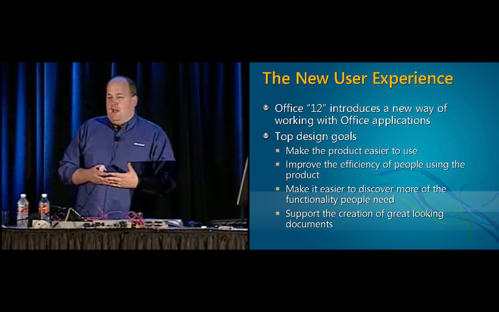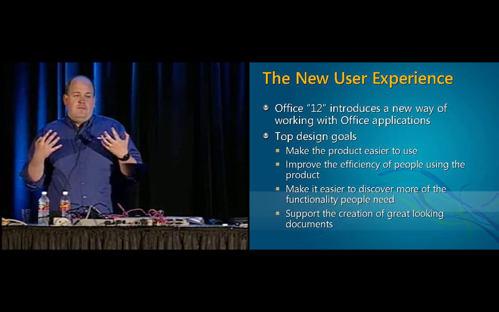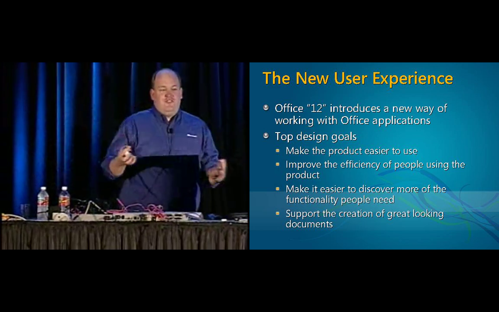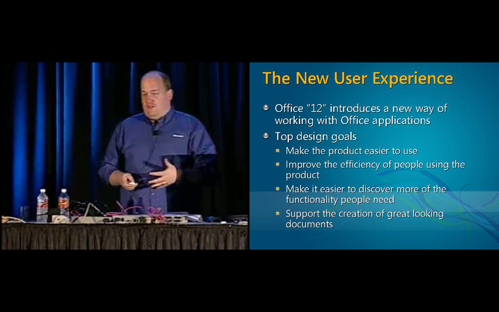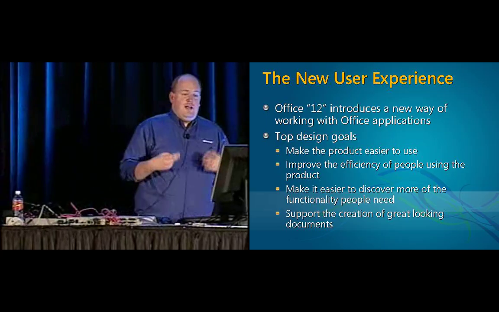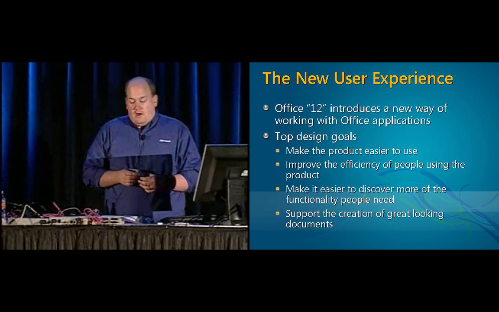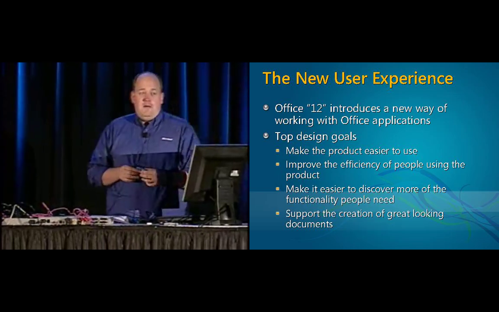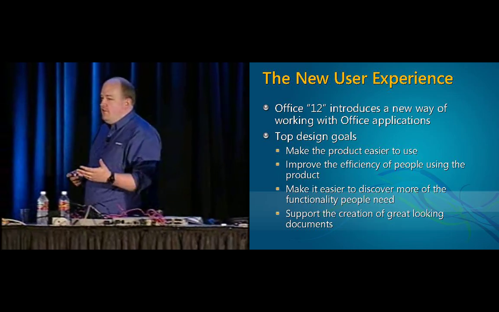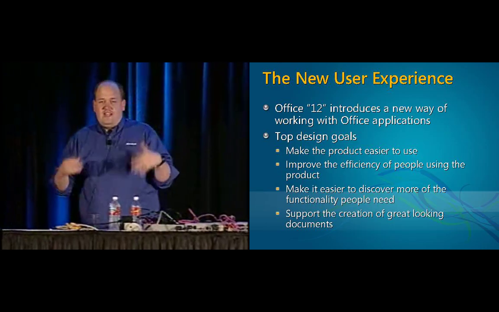And one of the ways that people perceive end user easiness is through efficiency. Like if I can get something done faster, if I can find a new way to get something done, then I am able to use my time more effectively. We also know that one of the common things that people have said about Office over the years is that it has more features than I can find.